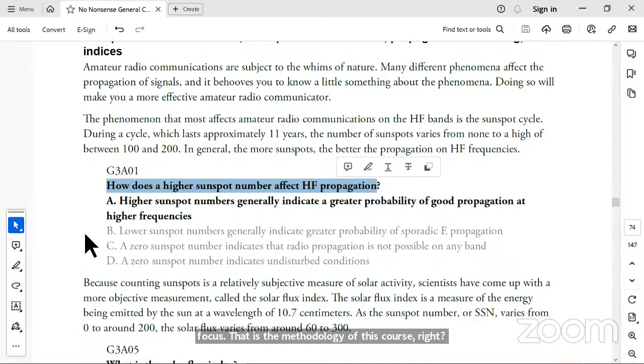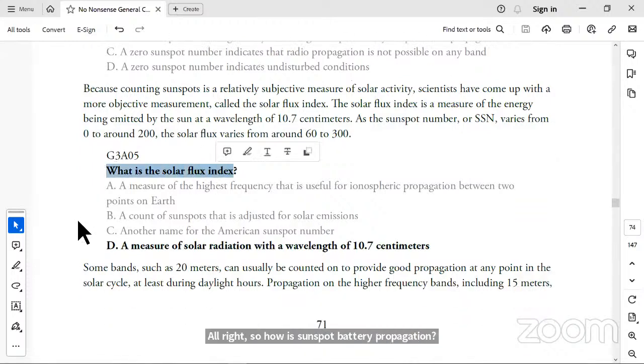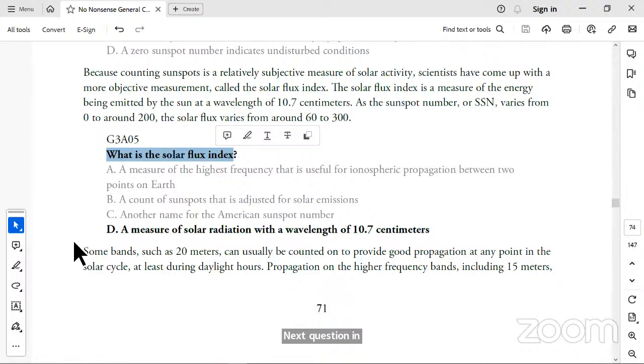How does a higher sunspot number affect HF propagation? So we said that a higher sunspot number will generally indicate a greater probability of good propagation at higher frequencies, right? So the higher the sunspot number, the better the propagation. Next question in the question pool. What is the solar flux index, or SFI? Well, it is also a measure of solar radiation, and it uses a wavelength of 10.7 centimeters to determine it, right?